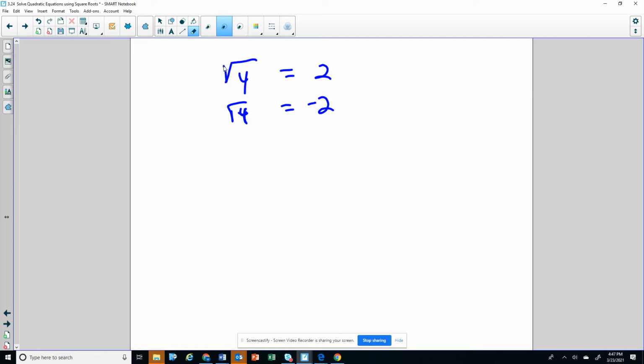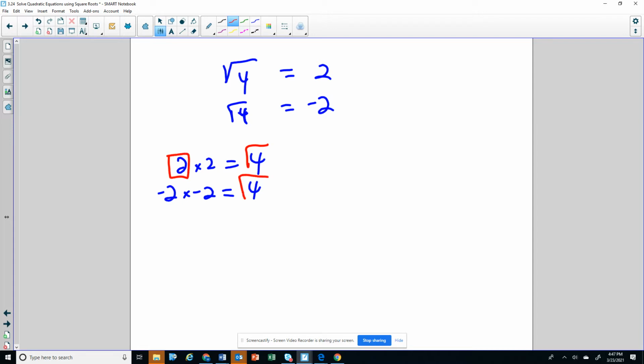Now, you must be saying, what is he talking about? Well, let's look at this. We know that 2 times 2 is 4. You all agree with that? And also, -2 times -2 is also positive 4.